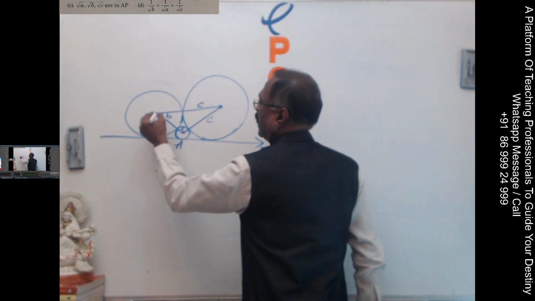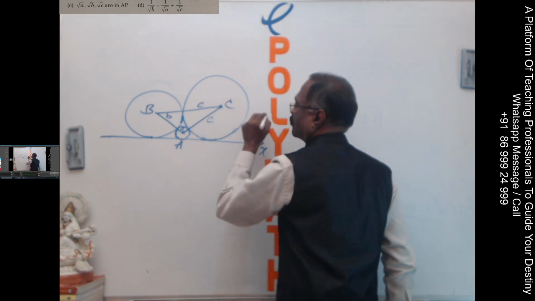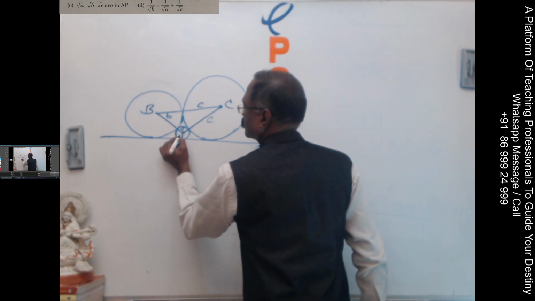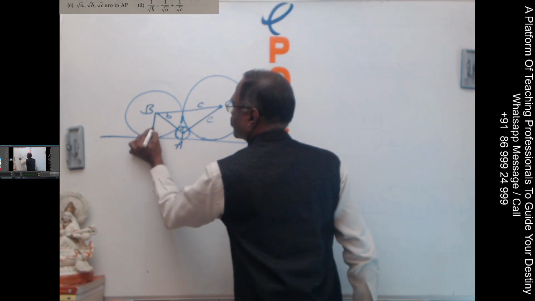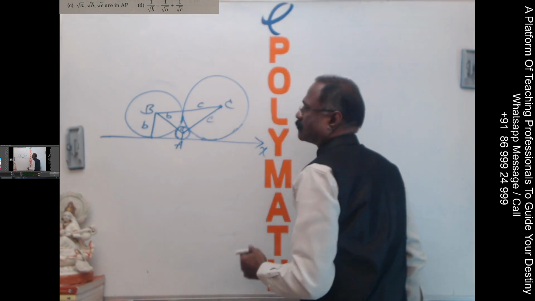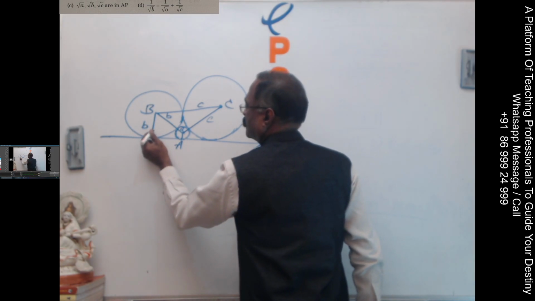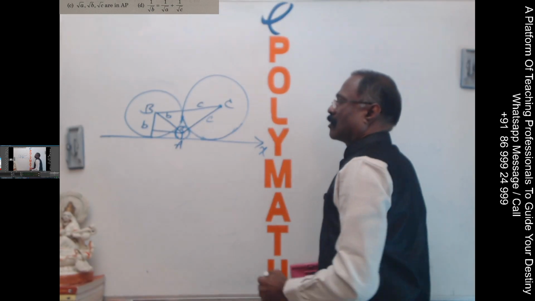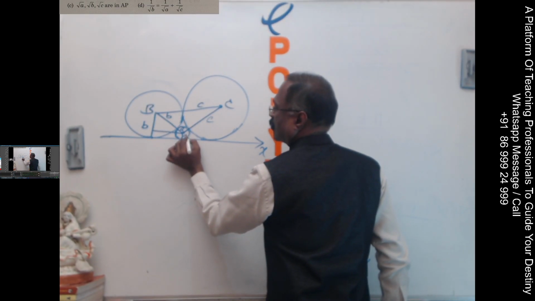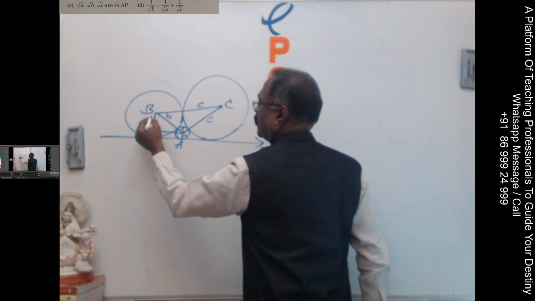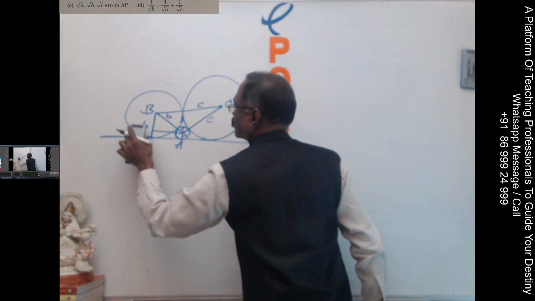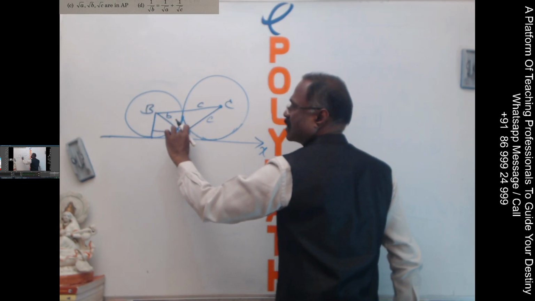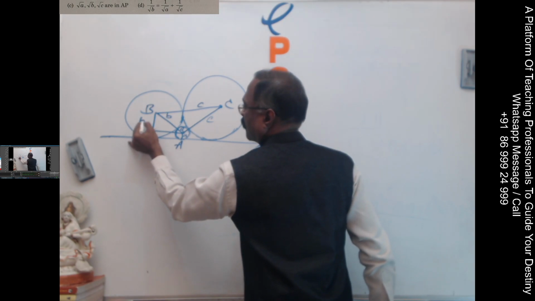Now, this is A, this is B, this is C. Now, this is small a again, and this is small b. And this is small a, you know. Then this length will be b minus a. Just check it out. This total length is b, this length is a, and this length is b minus a.